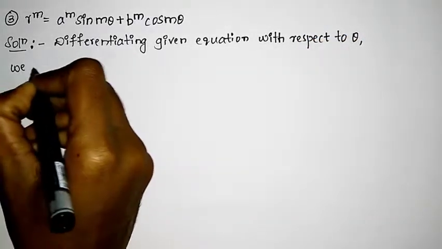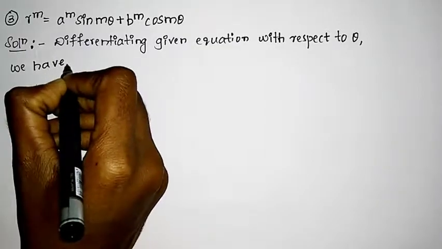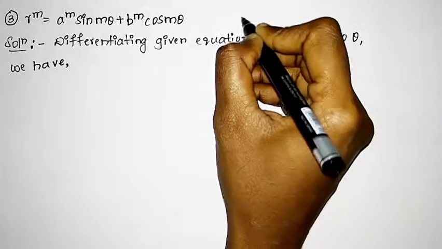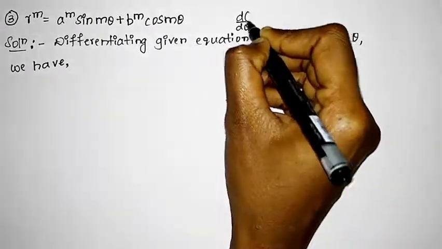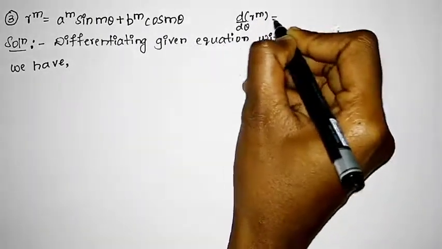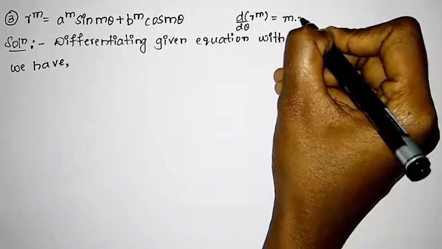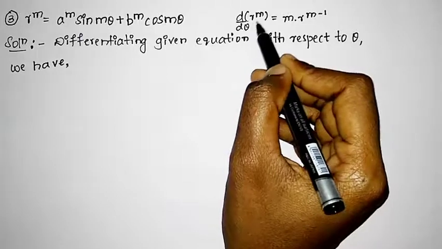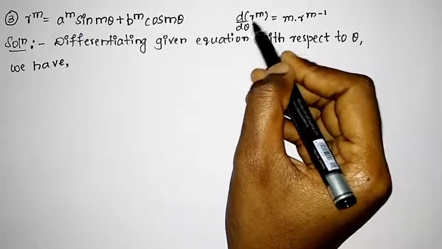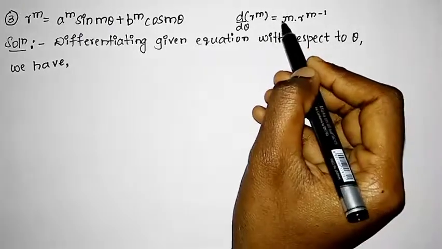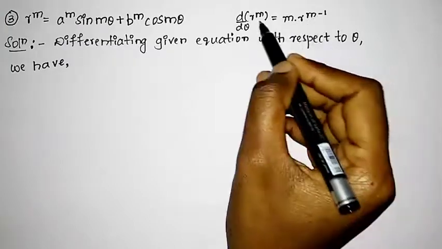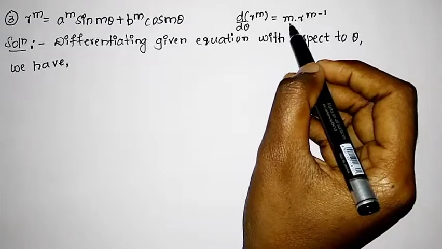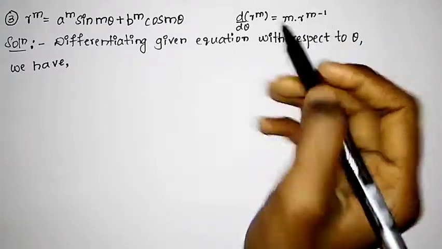So we have, as we know, differentiation of r raised to m is nothing but m into r raised to m minus 1. This is similar to differentiation of a to the power x, which is x into a raised to x minus 1. Similarly, instead of a raised to x, we have r raised to m. So it is nothing but m into r raised to m minus 1.